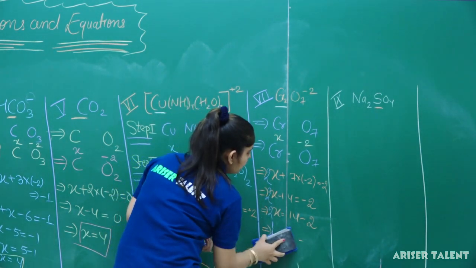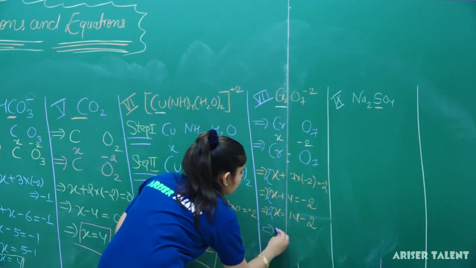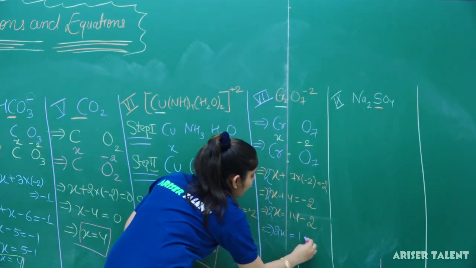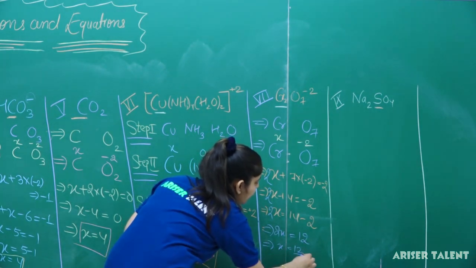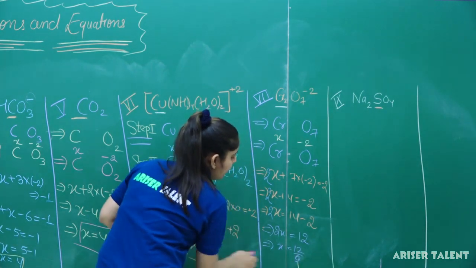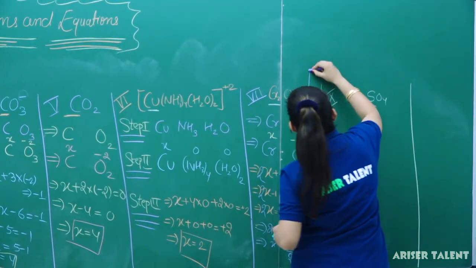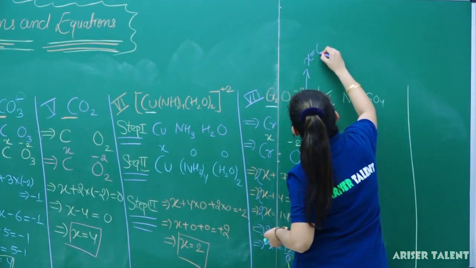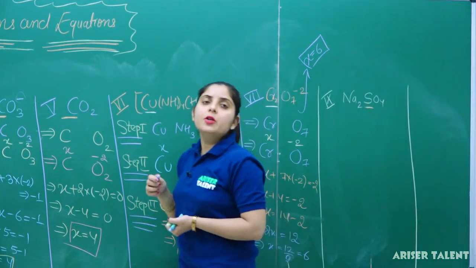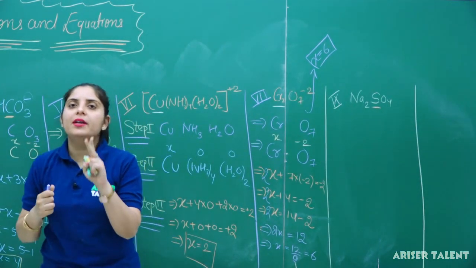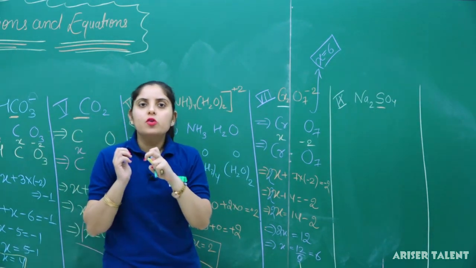So we get 2X equal to 12, and on substituting, we get 12 by 2, which will be equal to 6. So in case of the dichromate ion, we get an oxidation state equal to 6. Why am I multiplying 2 over here? Because chromium is provided with 2 atoms and oxygen is provided with 7 atoms here.